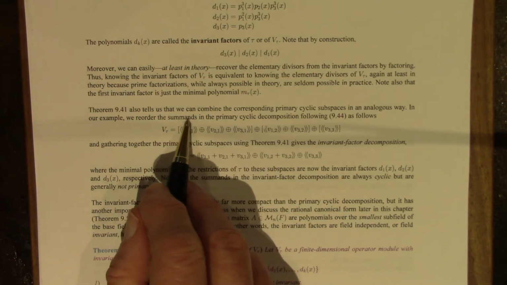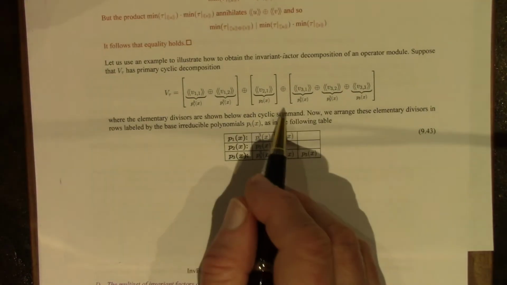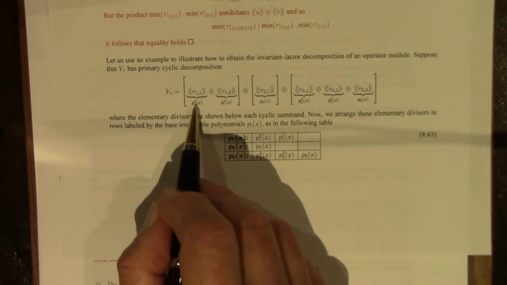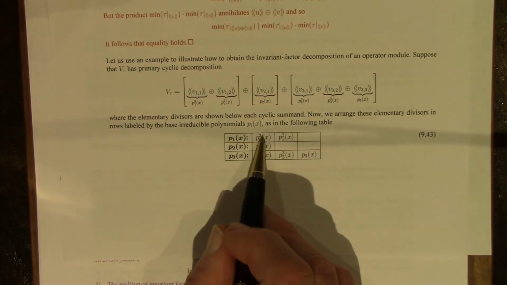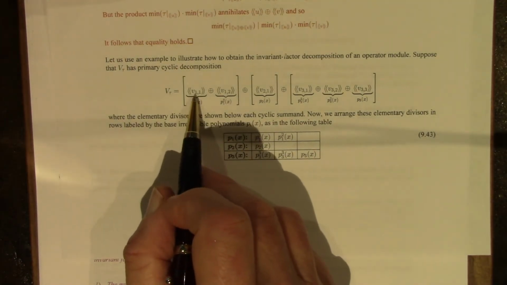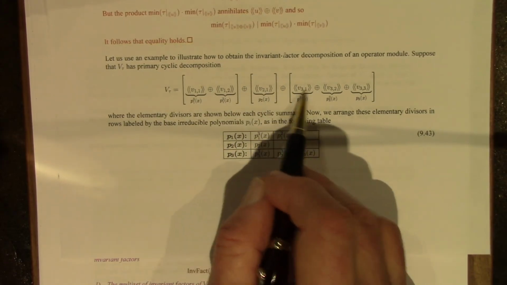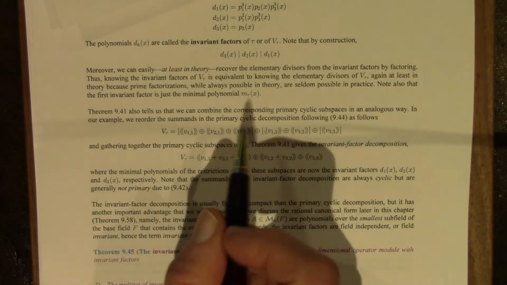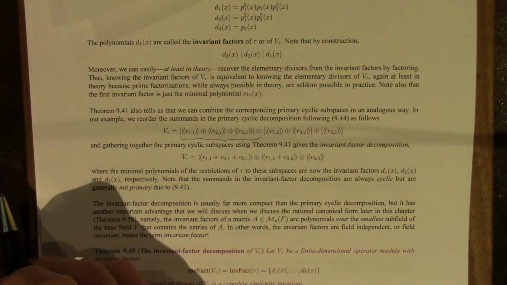So what we do is we reorder the summands in this direct sum by picking out the first one in each group that corresponds to this first column. And we take then the submodules generated by v11, v21, and v31. And you can see I have placed those right here, grouped them together.